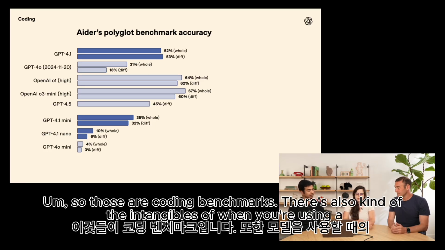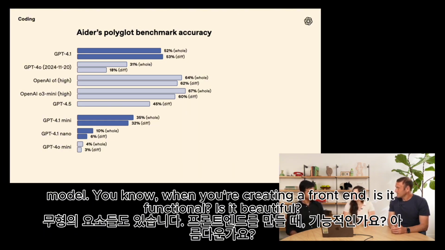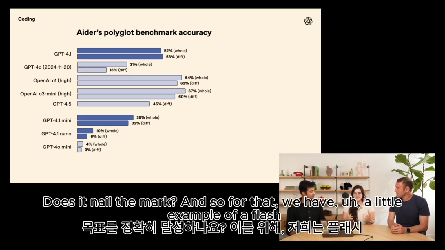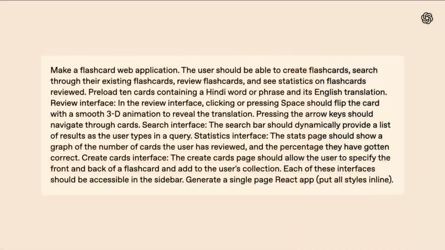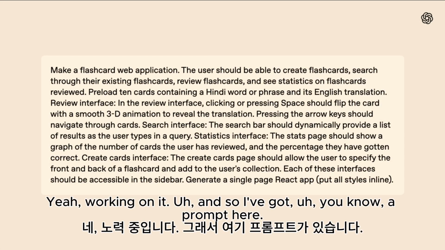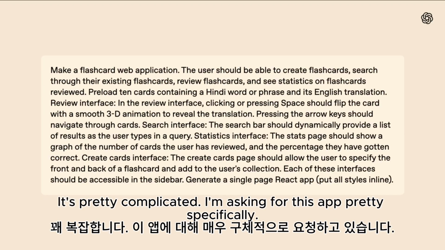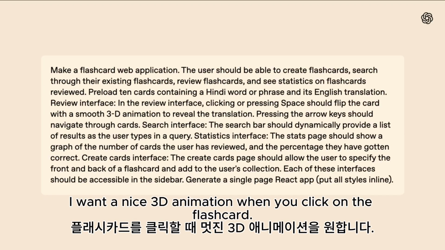So those are coding benchmarks. But there's also the intangibles of when you're using a model. When you're creating a front end, is it functional? Is it beautiful? Does it nail the mark? And so for that, we have a little example of a flashcard app I've been making. You're learning Hindi. Yeah, working on it. And so I've got a prompt here. It's pretty complicated. I'm asking for this app pretty specifically. I want a nice 3D animation when you click on the flashcard.